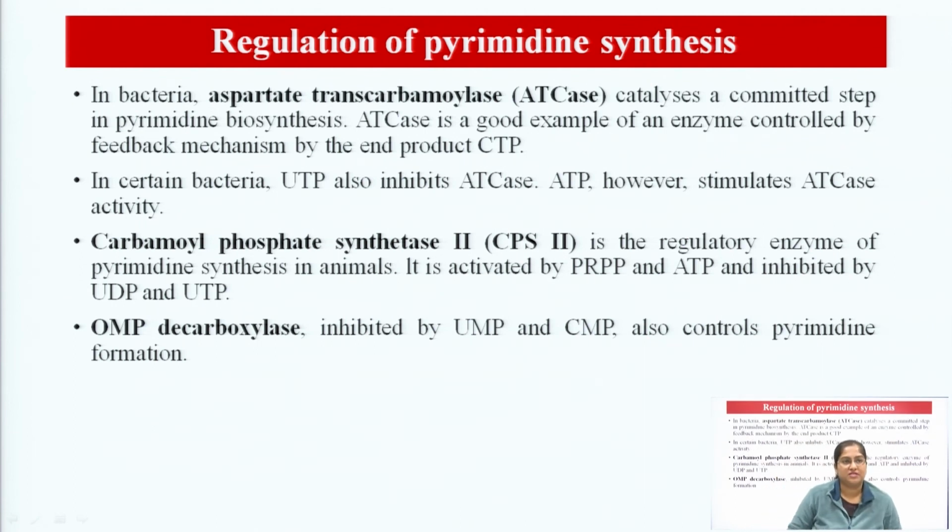Now, the regulation which I was talking about: there were two enzymes actually, but we are going to talk about three enzymes here. In bacteria, aspartate transcarbamylase, that is the ATCase enzyme, is the committed step. This is a very important step which controls the pathway by a feedback mechanism for pyrimidine biosynthesis on the end product, that is the production of CTP.